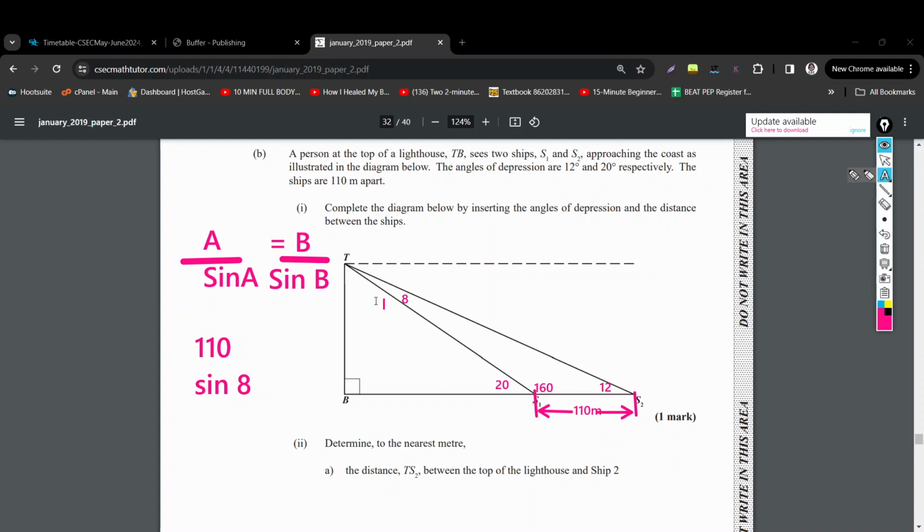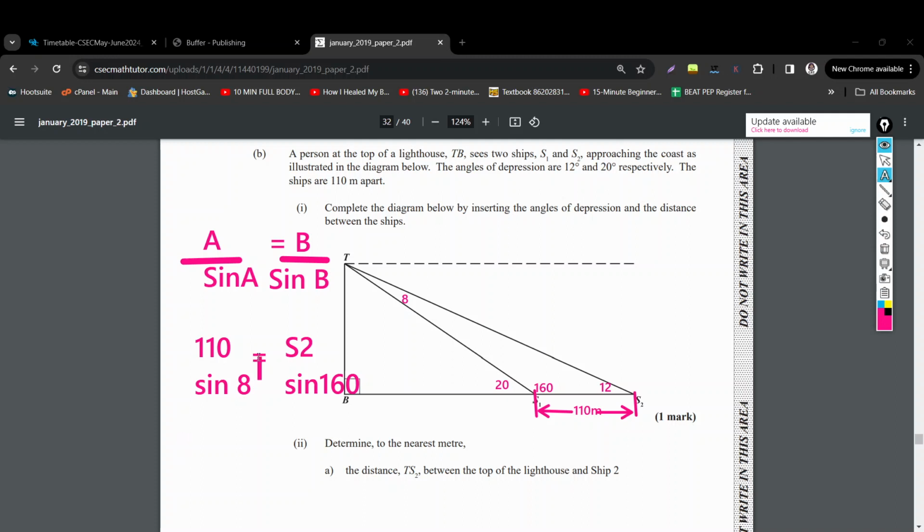So we're going to say that this is equal to the side we're trying to find, let's call it capital S2, over sine 160. All right.